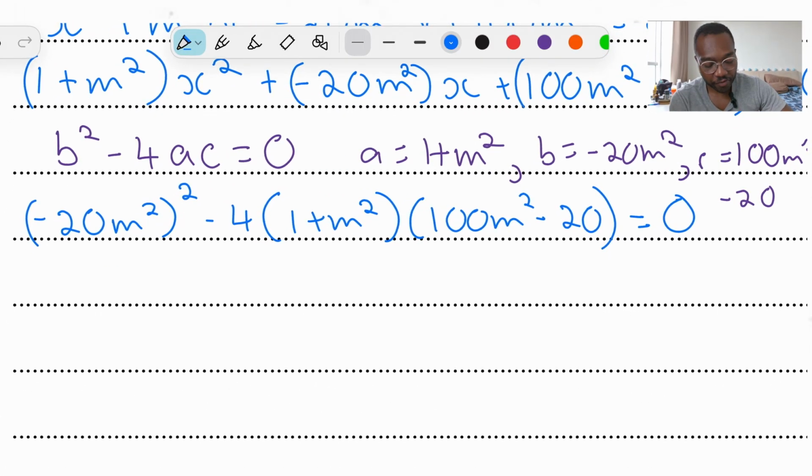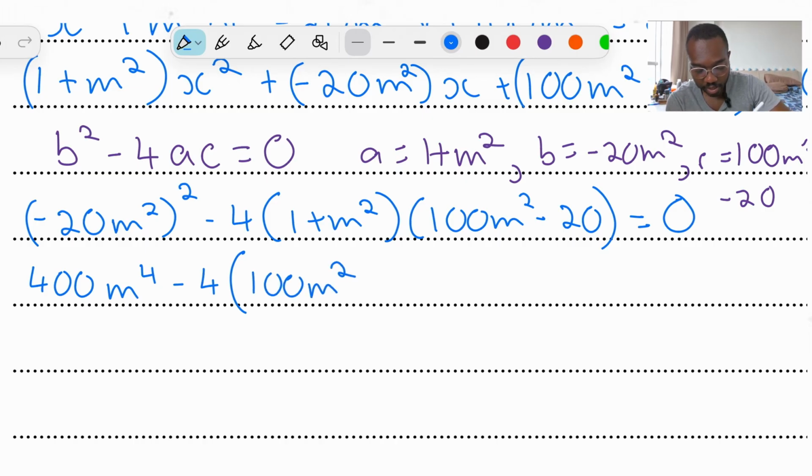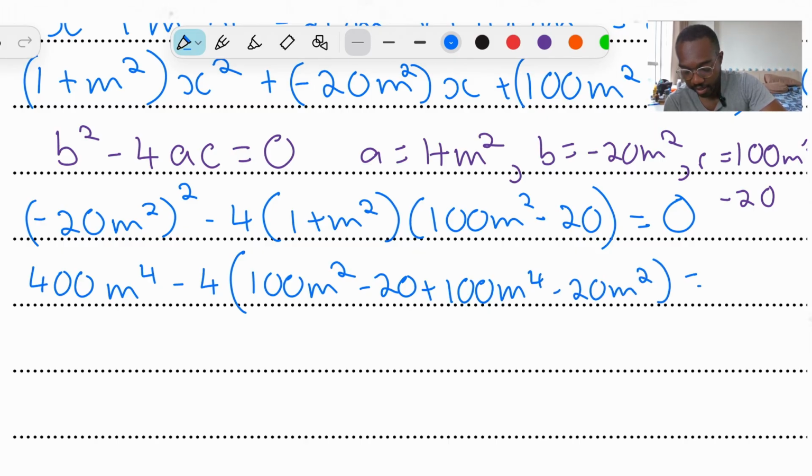Now if we expand everything out, we would get a positive 400m to the 4, and then we get a minus 4, and I'm going to expand the brackets out first. So we get 100m squared minus 20, and then we get plus 100m to the 4 minus 20m squared, and that is equal to 0.